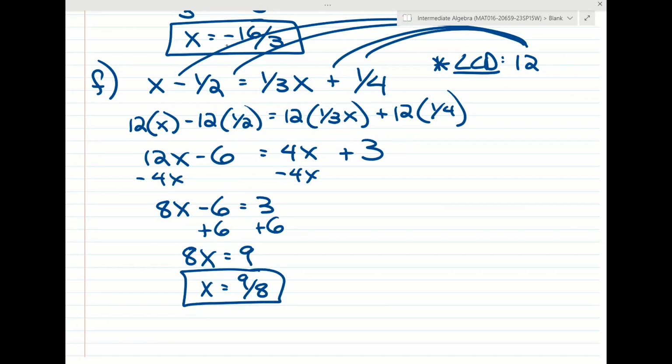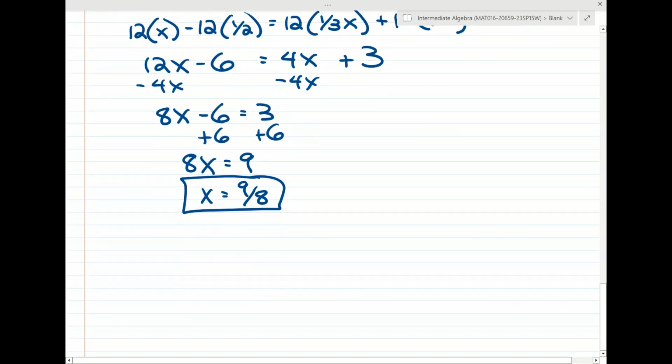All right. So that's how we solve equations. The next thing we're going to take a look at is how to convert English to expressions or to equations. So let me show you what I'm talking about.